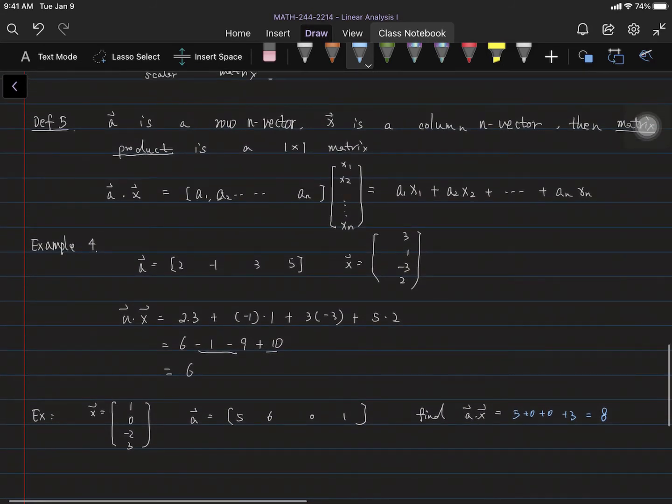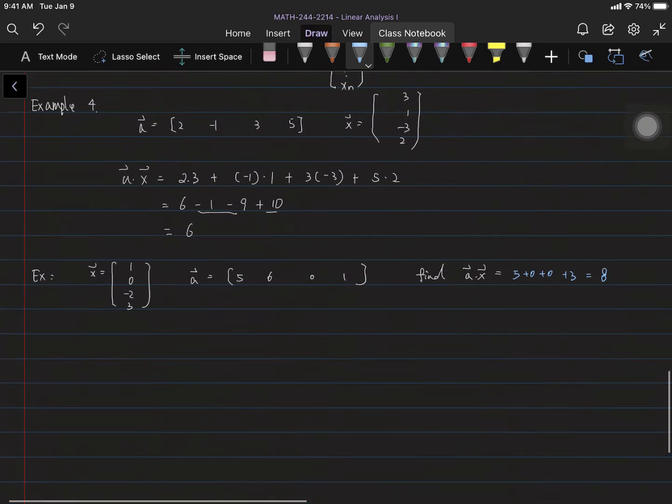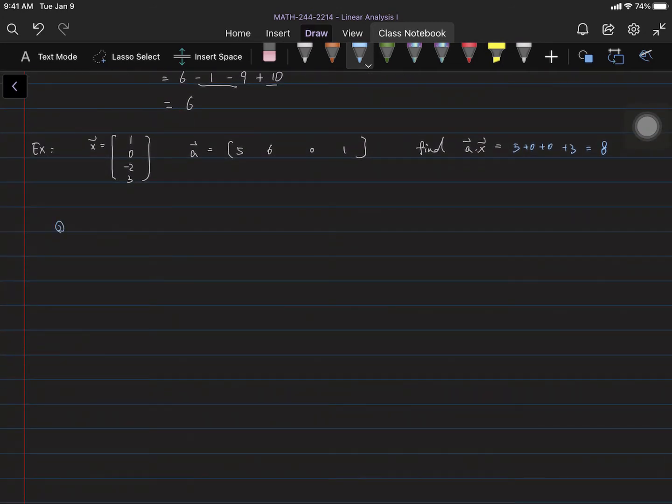Under definition 5, we can say this is the first case. Okay, first. The second one is going to be a matrix M by N multiplied by N by 1. Let's take a look. So M by N: a11, a12, a1n, a21, a22, a2n.